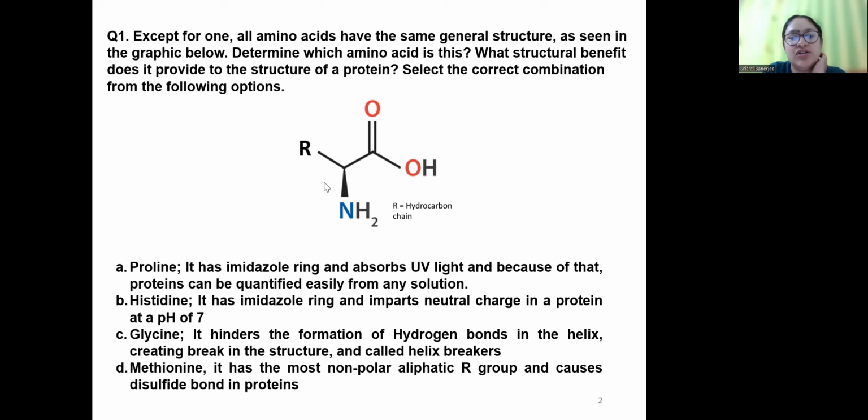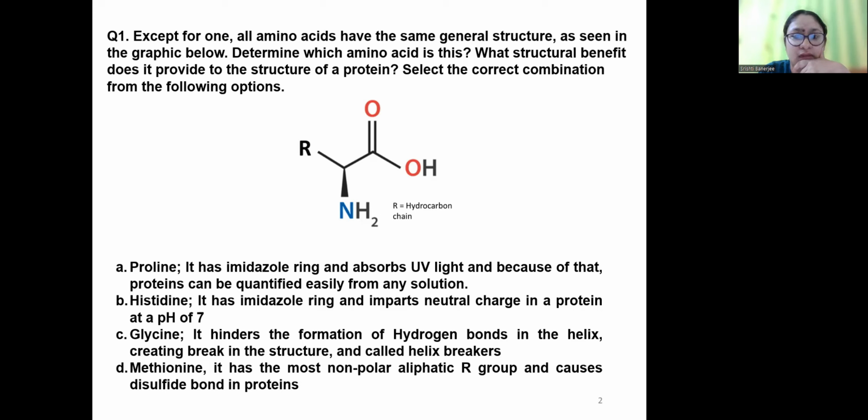If nothing is mentioned and you don't know what R group it is, you will consider it as H, that is only a normal hydrogen atom. So the simplest amino acid structure is that of glycine. Why? Because in place of this R, the R group here is only a hydrogen atom and nothing else.